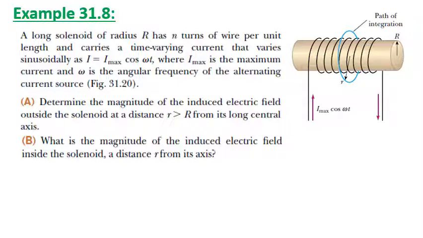The radius is capital R. We have to determine the magnitude of the induced electric field E outside the solenoid at a distance r greater than capital R from its long central axis, and for B, what is the magnitude of the induced electric field inside the solenoid at a distance small r from its axis?